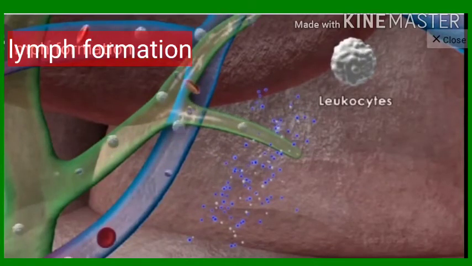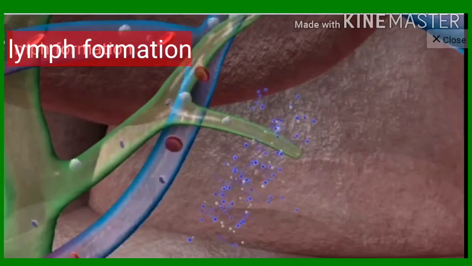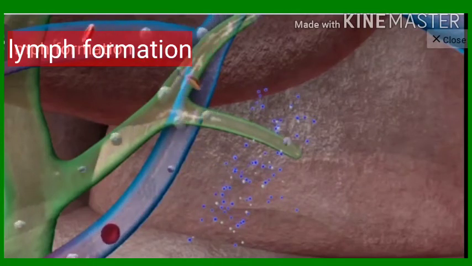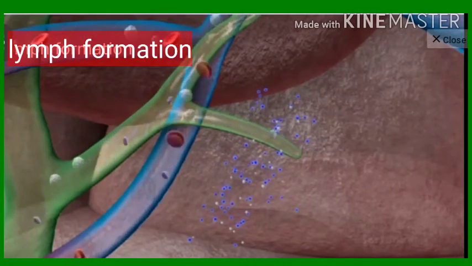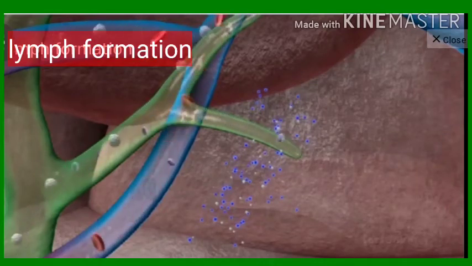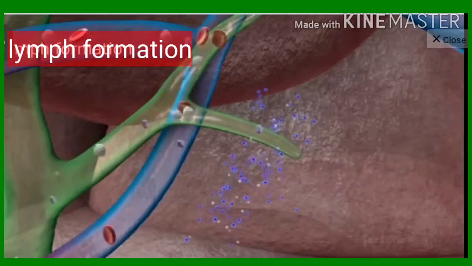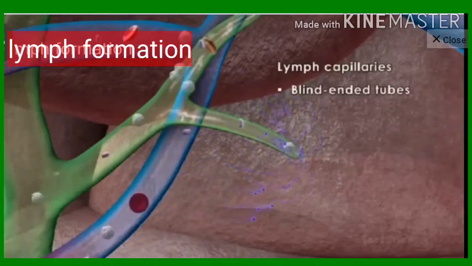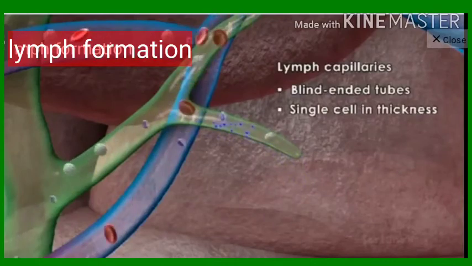I repeat once again, when the blood flows through the capillaries, the fluid part of the blood oozes into the intercellular spaces through the minute pores of the capillary wall. This fluid formed in the intercellular spaces is called tissue fluid.